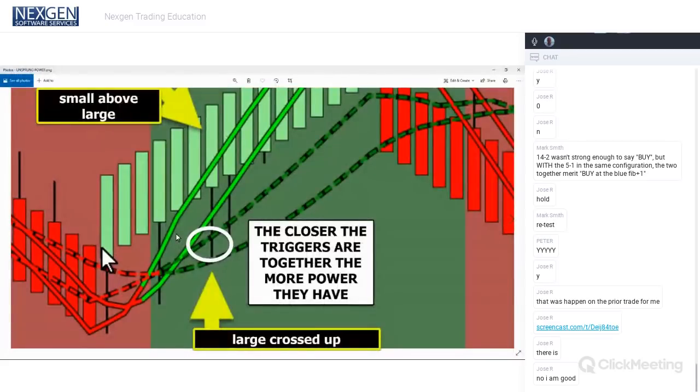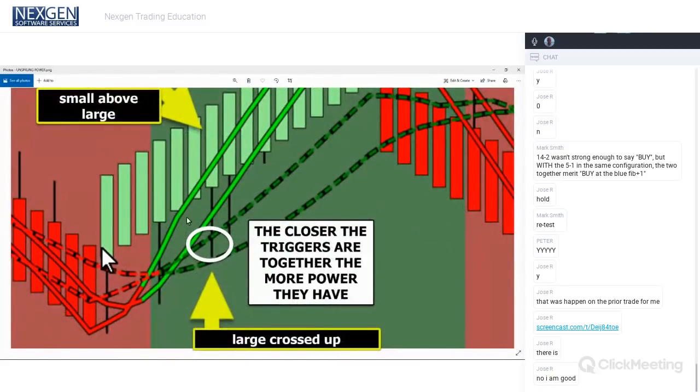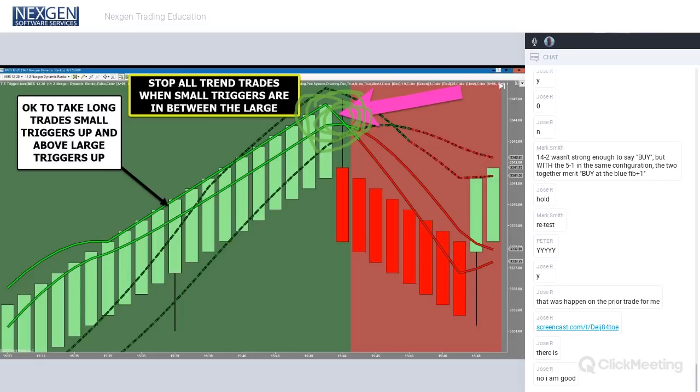The idea is when your price bars are physically above the triggers, you're going to get a lot easier trades. I mean, it's very simple. If the bars are above the triggers, you're going to get easier trades.